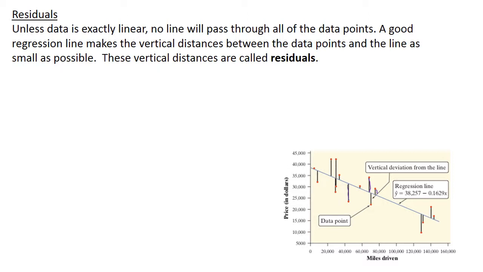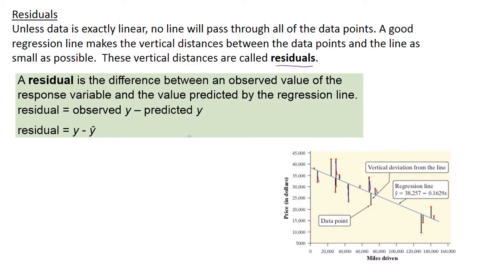You can see that in the little picture I have here, where I'm showing you some values of residuals. The idea of the regression line is that we'll make those vertical distances as small as possible. Those vertical distances are called residuals. Today we just want to talk about how to find a residual and what that value means.